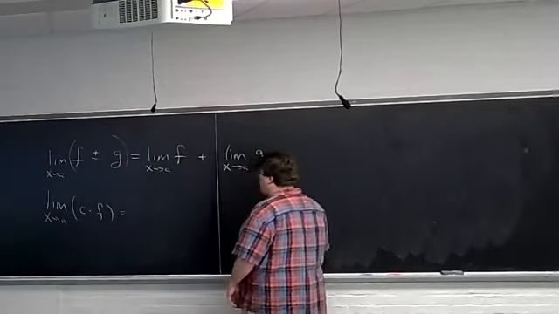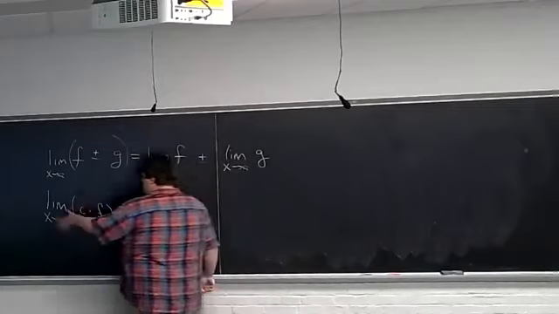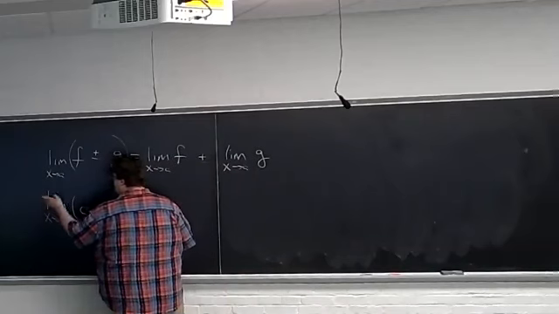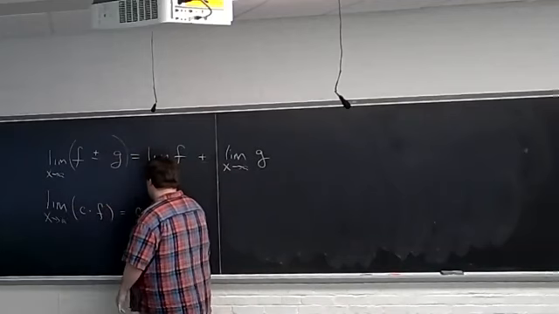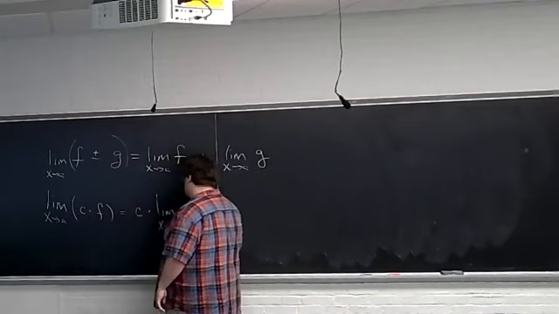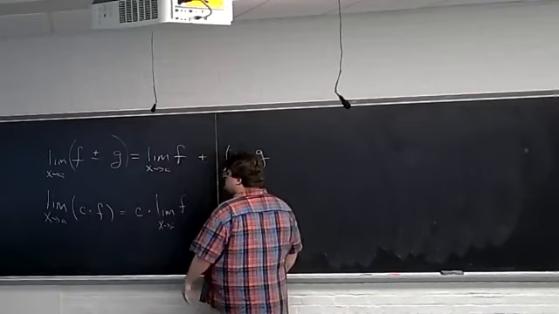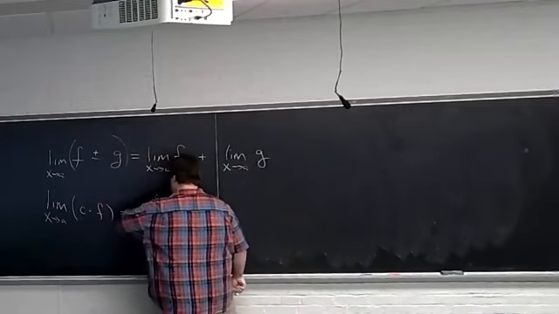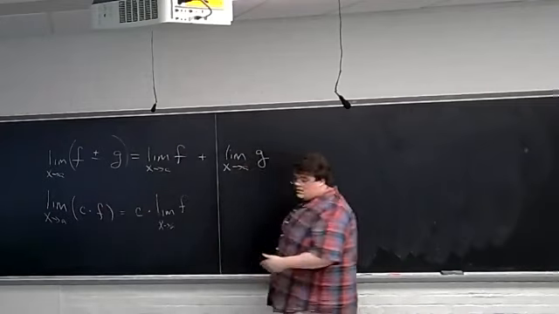Well, except week 1. The limit of a constant times a function, we can do that by pulling the constant out and then just taking the limit. So c times the limit in question. So if you have a constant in front of some function, you can take that constant out and then take the limit.